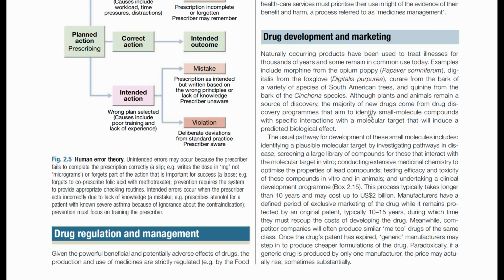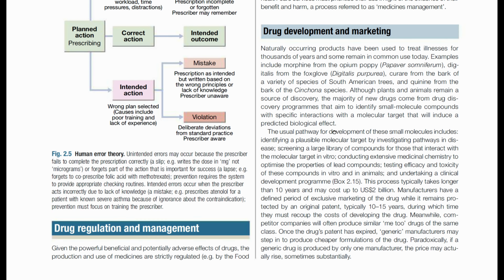Although plants and animals remain a source of discovery, the majority of new drugs come from drug discovery programs that aim to identify small molecule compounds with specific interactions with a molecular target that will induce a predicted biological effect.